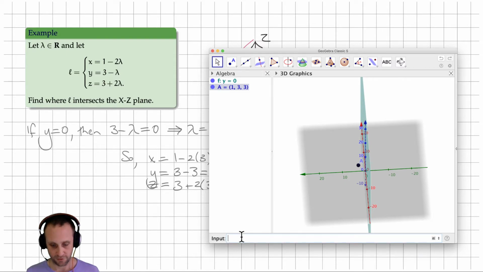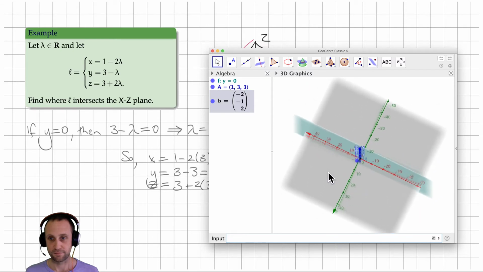We also need to know the direction vector. I'll call it B, to be consistent with what the textbook calls such things. And that's going to be minus 2, minus 1, positive 2. That direction vector there.